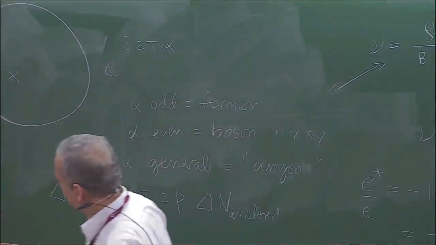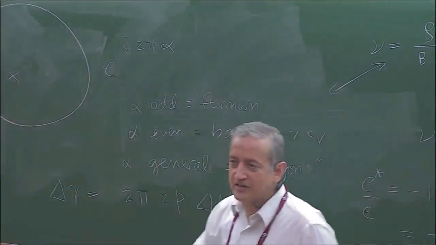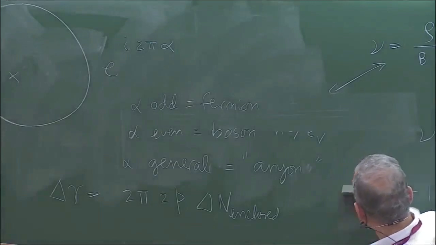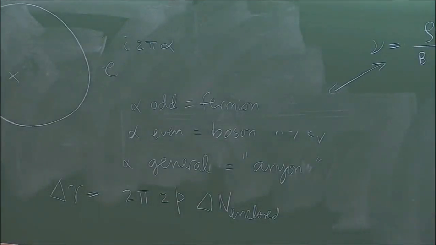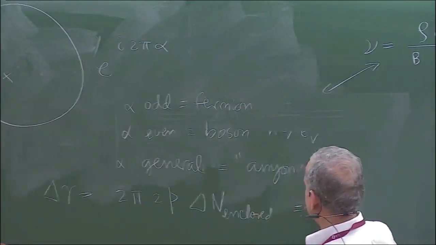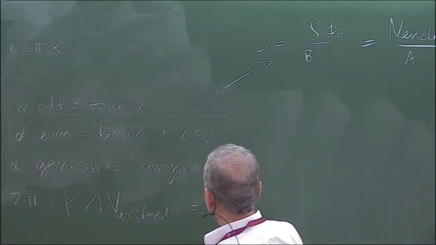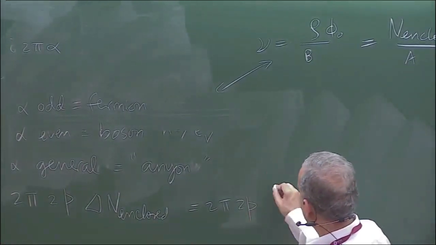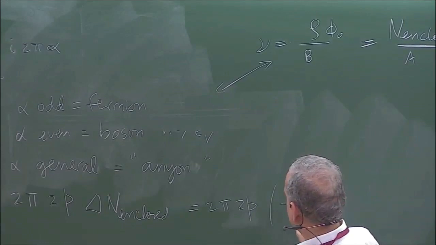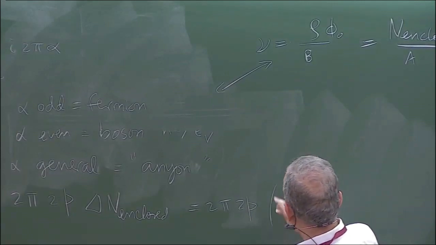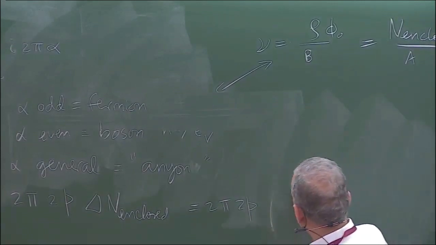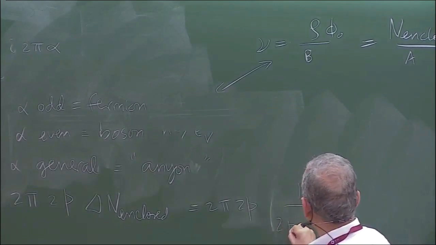So that's equal to 2 pi 2p times the change in n enclosed, which is, well, let's not worry about the sign, 1 over 2pn plus 1. So that gives me the phase angle.